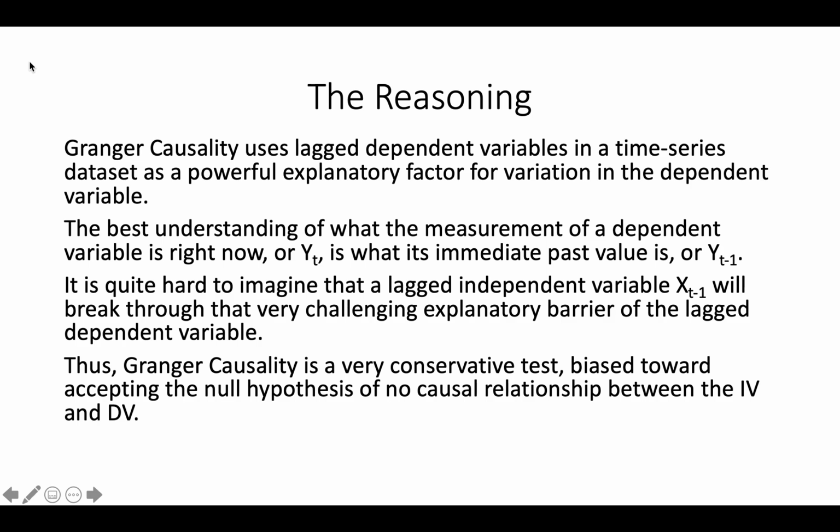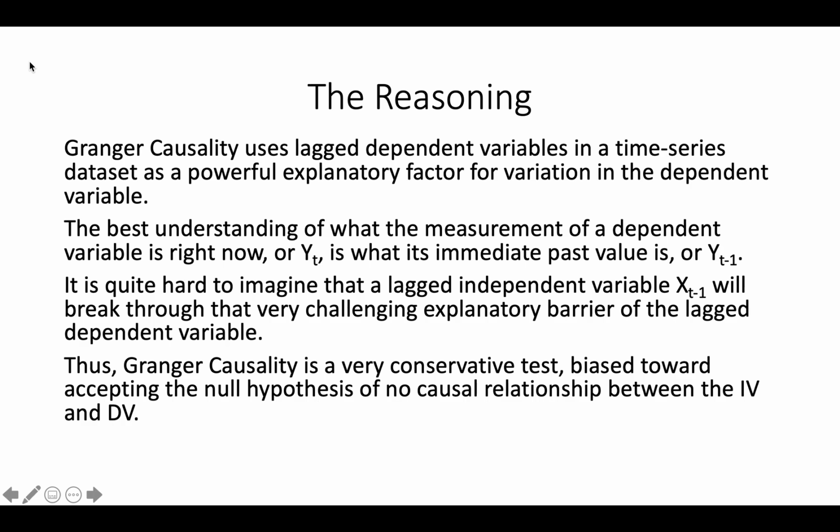Now, some of the reasoning behind Granger causality is useful to know. Granger causality uses something called lagged dependent variables in a time series data set. As an example, the lagged value of gross national product per capita in the United States would be last year's measure of gross national product per capita in the United States.